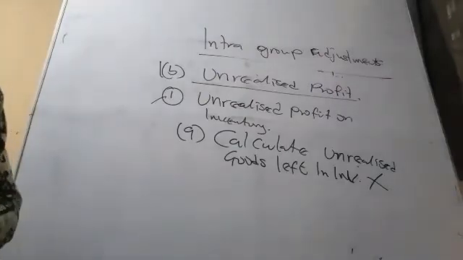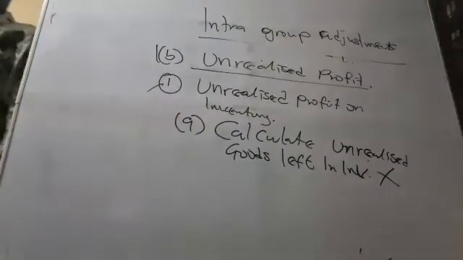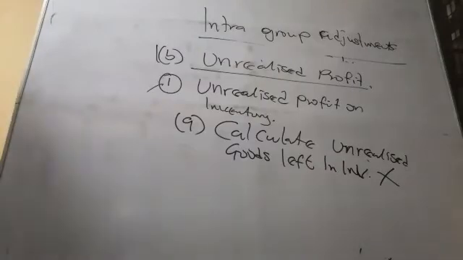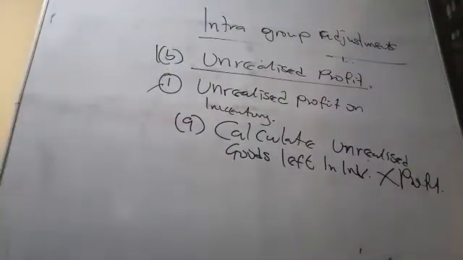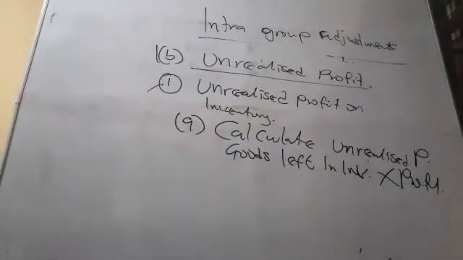The profit loading is usually markup or margin. This is where your examiner will be moving you through markup and margin, so kindly familiarize yourself with markup and margin. So if you want to calculate the unrealized profit, just pick the goods left in inventory times the profit loading.